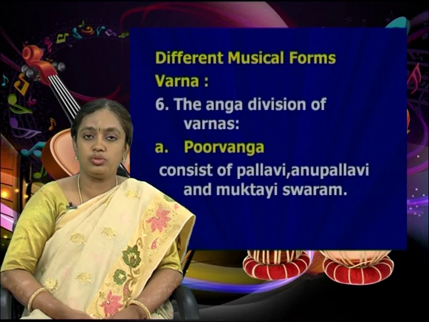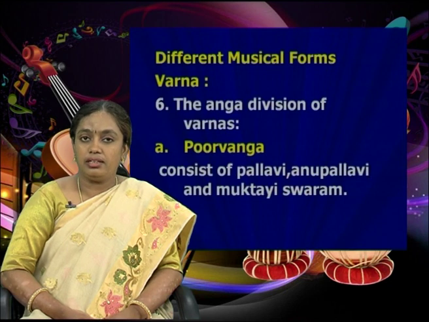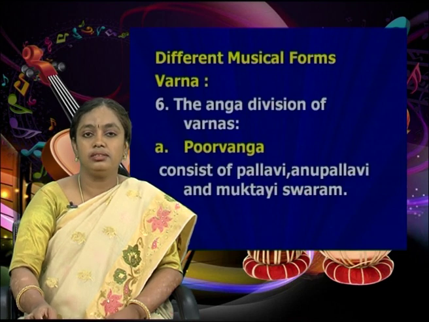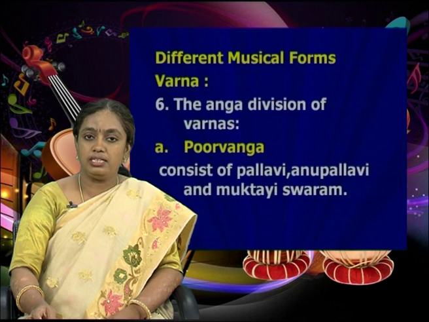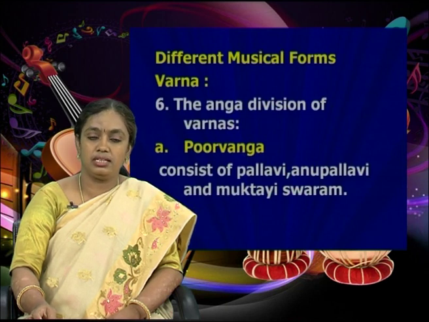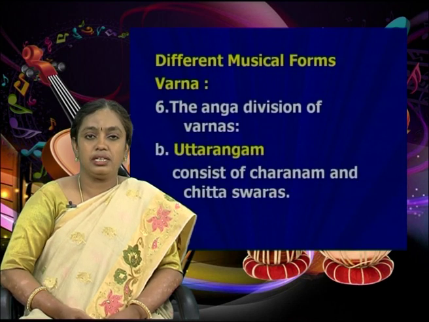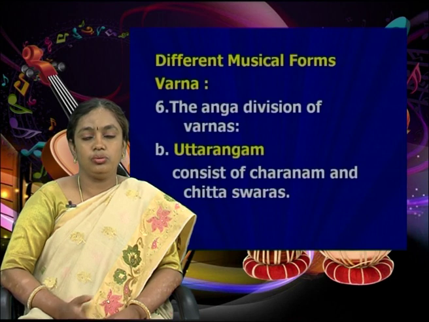Muktaiswaram contains 2 to 4 lines. In Begada Varnam, we have more lines for Muktaiswara, whereas in Darbar, Hamsadvani and all other small Varnas, Sthana Varnas, it has Muktaiswarams in 2 to 3 lines. All these parts, that is Pallavi, Anupallavi and Muktaiswaras, are called Purvanga.